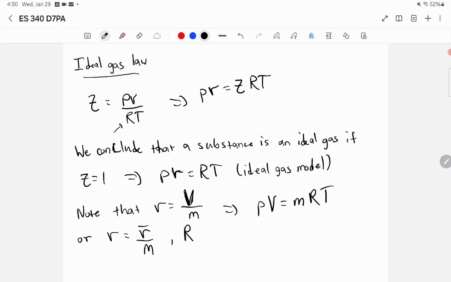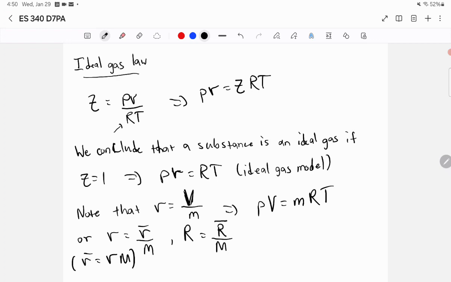And R is also R bar over capital M. This is true for all of these substances. So we can get the molar versions by multiplying these values by the molar mass, for instance, V bar is equal to v times M.